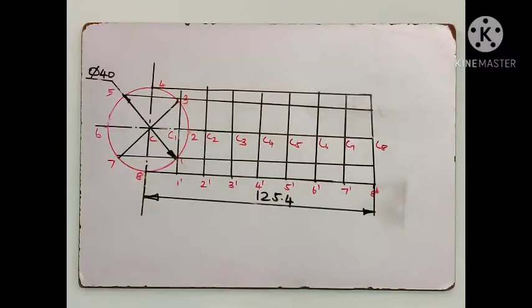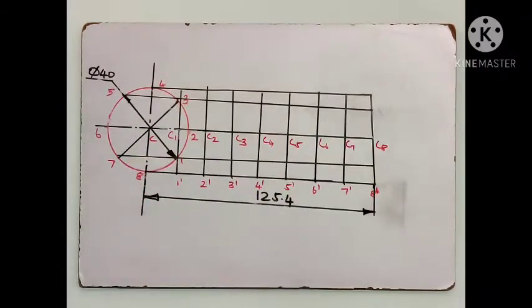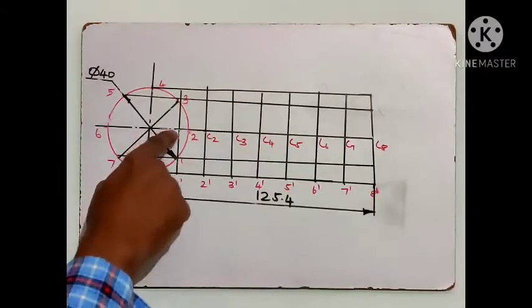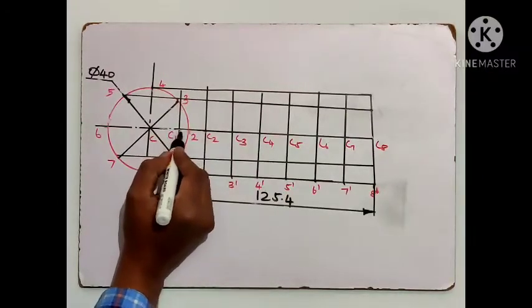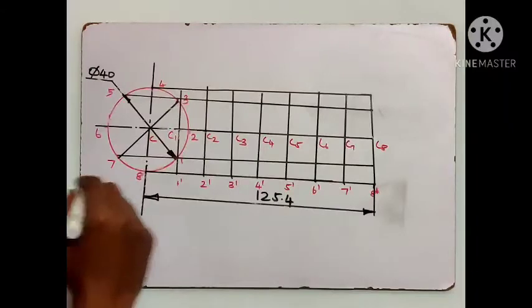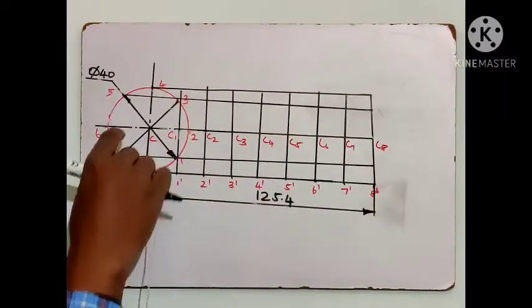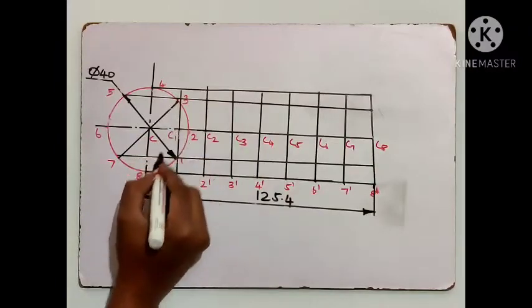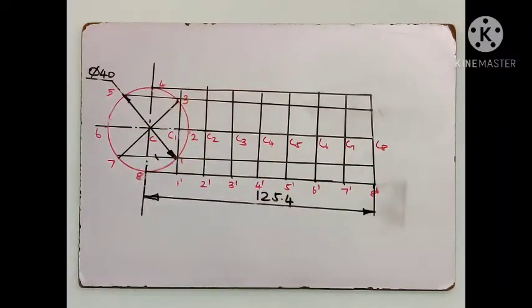Okay, so the next step is, you need to take the radius. Keeping C1 as center, you need to make an arc on the horizontal line passing through point 1. C1 as center, and the radius of the generating circle, you need to make an arc on the line passing through 1.